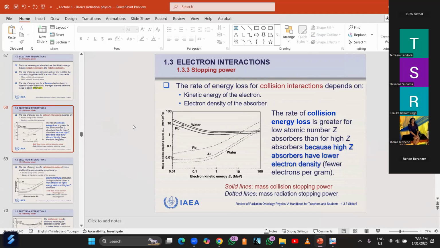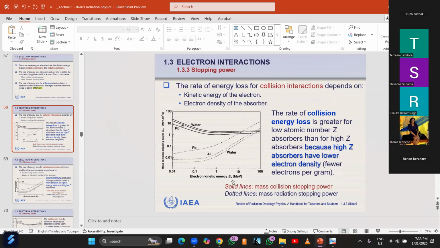So what I was saying here is there are two things I forgot to mention last time, which is the dependence of collision and radiation interactions on the atomic number of the medium, and also the density. Those are the three main characteristics or features that influence the probability of which interaction is going to be more prominent. In terms of collision interactions, the rate of collision energy loss, if you look at this graph here on the left side, is a graph of the collision stopping power versus the energy.